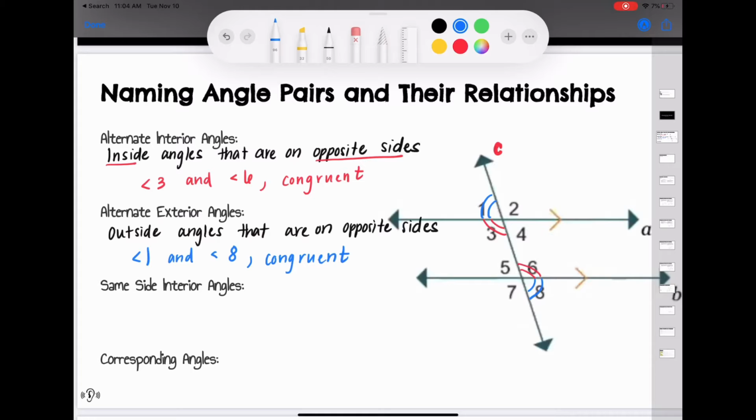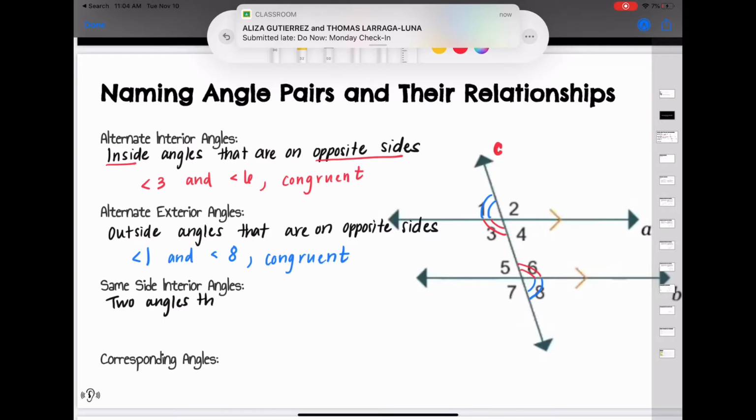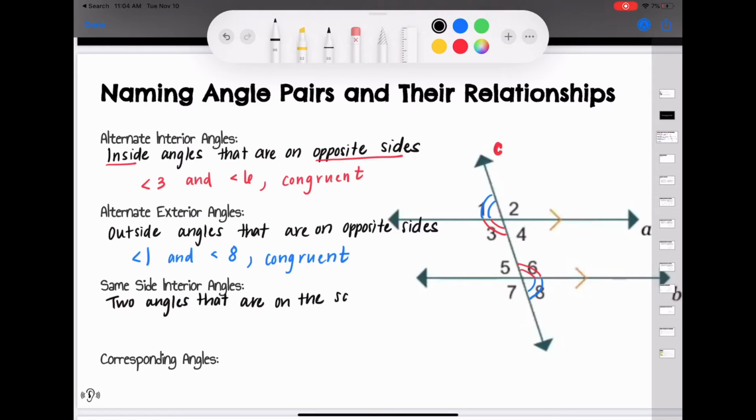Now let's look at same side interior angles. Let us remember same side interior angles are two angles that are on the same side and that sum up to 180 degrees.